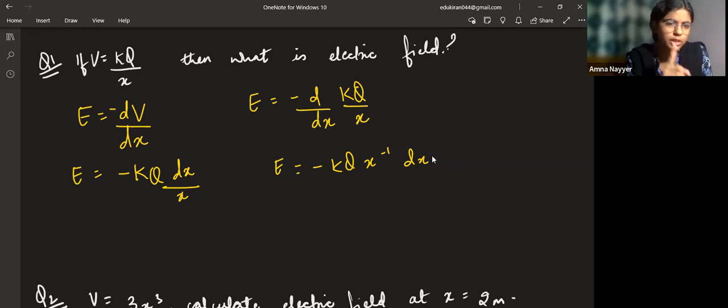So here, if V is equal to kq by x, what is the electric field? E's value we have written as minus dV over dx, so E is equal to minus d by dx of kq x to the power minus 1.